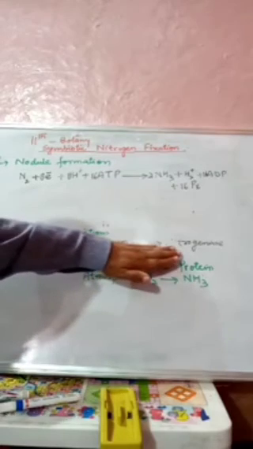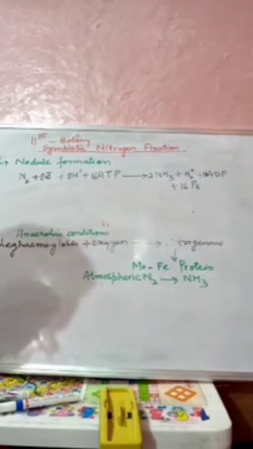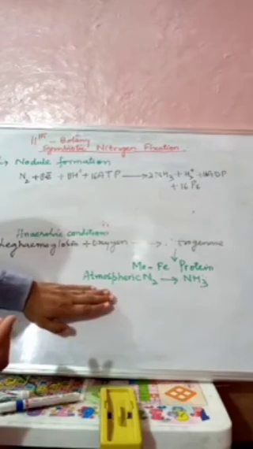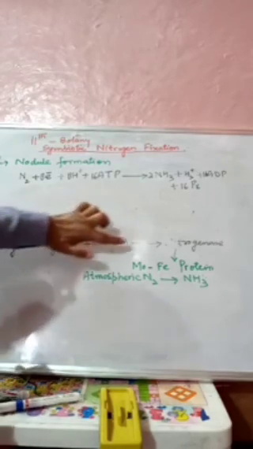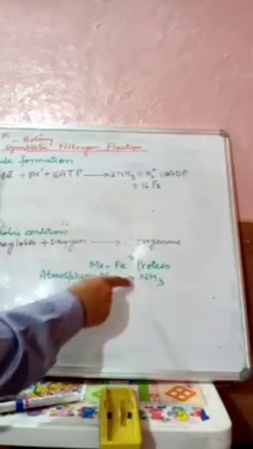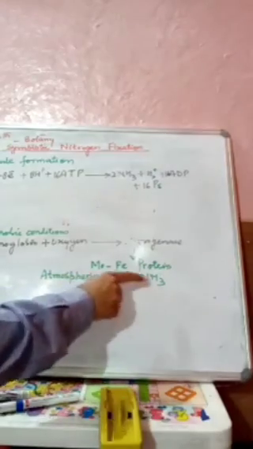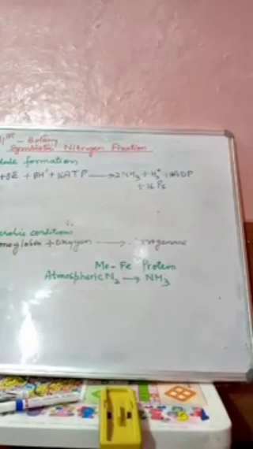When it combines with oxygen, it forms the enzyme nitrogenase. Leghemoglobin creates such conditions that fixation of nitrogen takes place. Nitrogenase is a molybdenum iron protein which has the capacity to convert atmospheric nitrogen into ammonia, and that is the whole process.